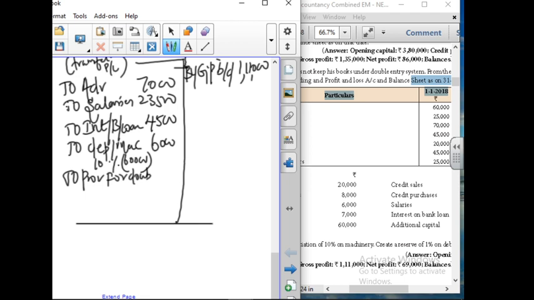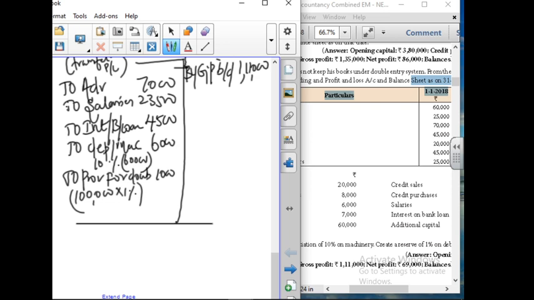Doubtful debts comes around 1,000 rupees. How do we know this information? It is from the 1 lakh, and I think the amount is given on the 1 percentage. It is 1,000, and I think we have posted all the information.